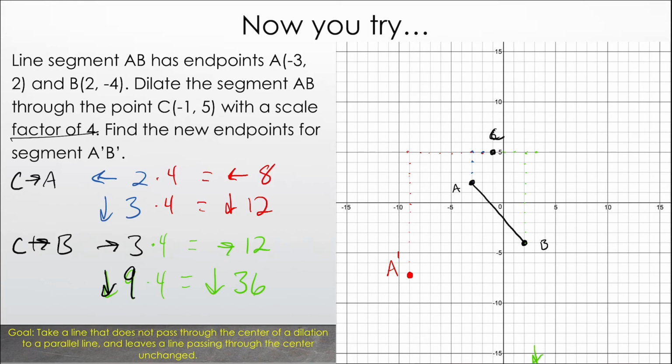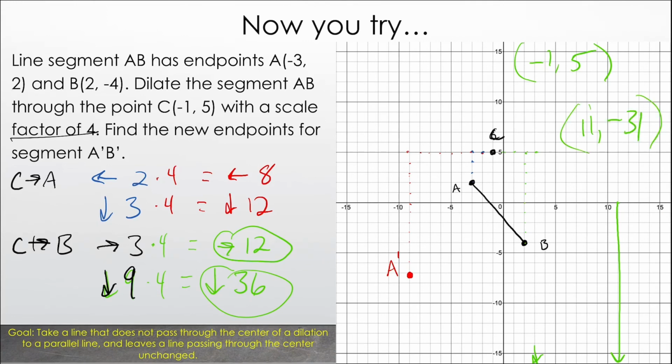Because I made a point off the chart, I have -1, 5 as my center point. I need to increase the x by 12 from here, so that gives me 11. Then for y, I have 5 and I subtract 36 from it. 5 minus 36 is -31. That would be my new point. You could do it that way also.